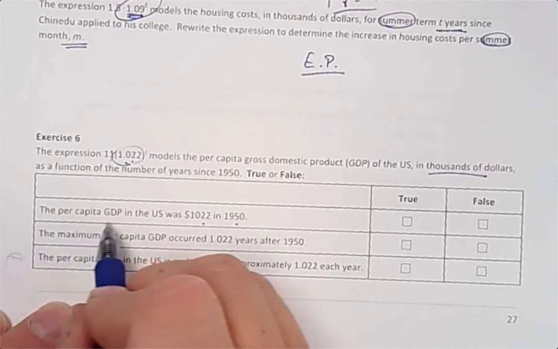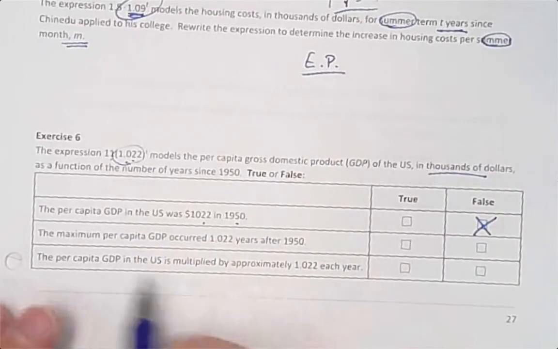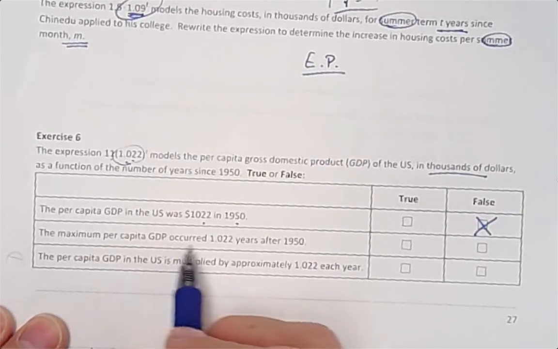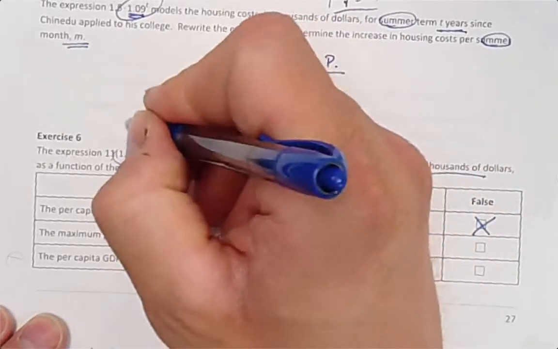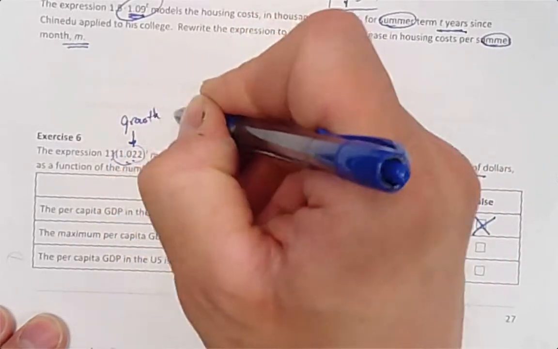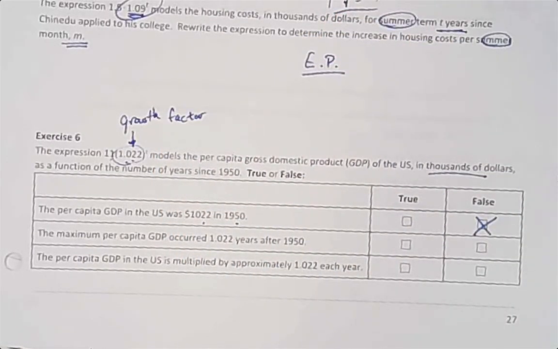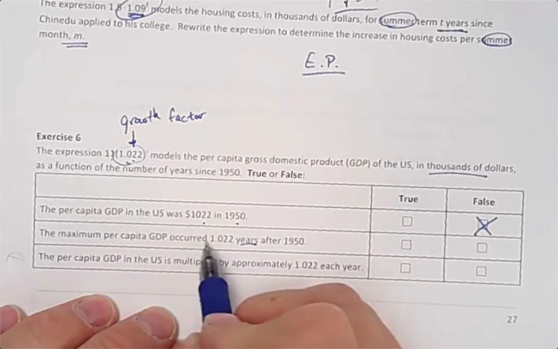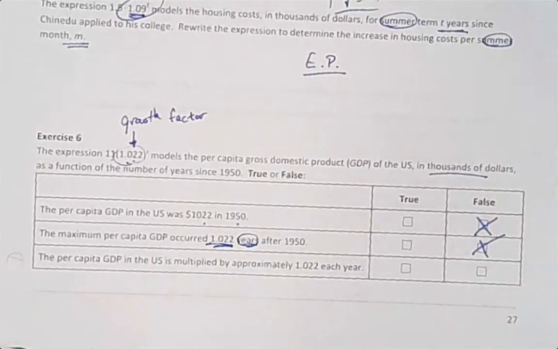So the per capita GDP in the U.S. was 1.022. That's false. The maximum per capita GDP occurred 1.022 years after. No. This is a growth factor. It's not a year measurement. It's not a dollar measurement. It is how much more we have. So to put years with the growth factor is inherently false.